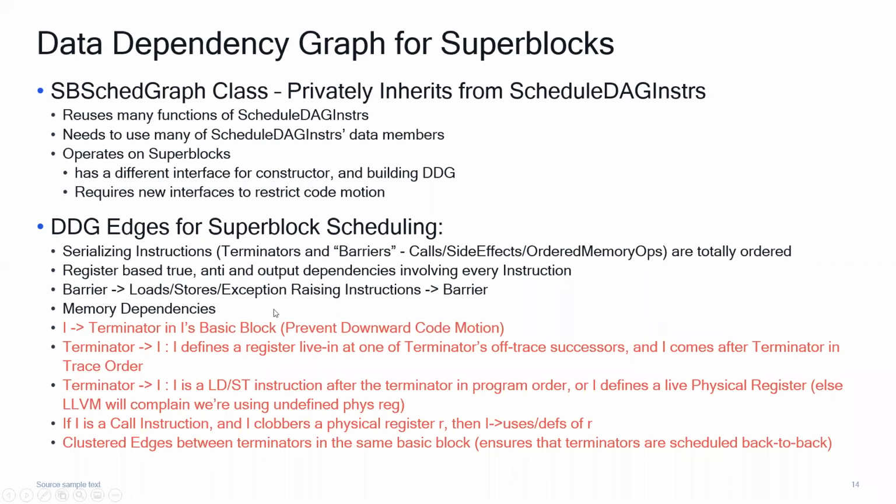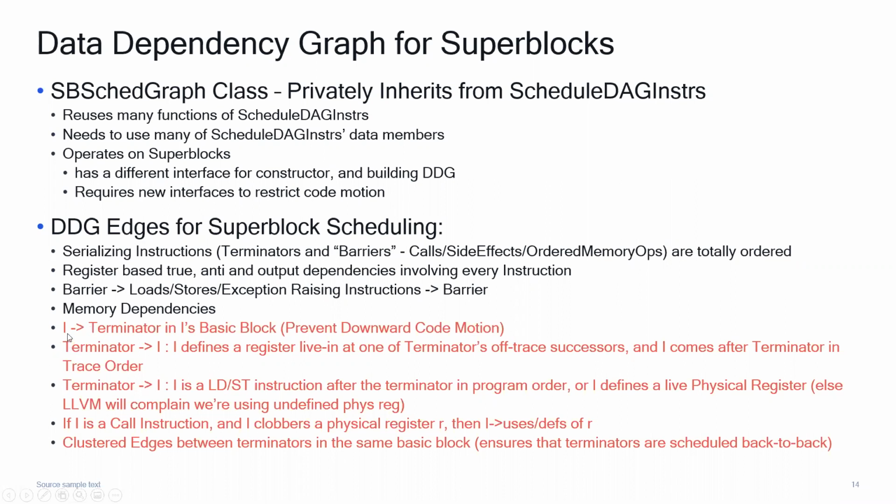So the edges are exactly specified by these second points, like DDG edges for superblock scheduling. These are exactly the edges that we add. The edges described in black are already present in LLVM, already added by the ScheduleDAGInstrs class. The ones in red are the new edges that we add.